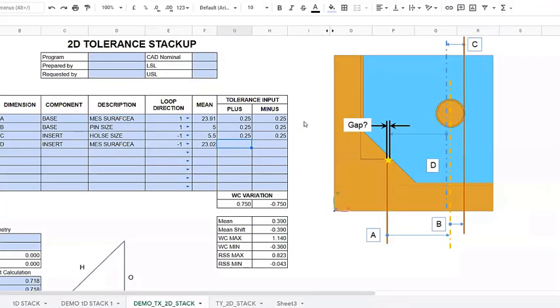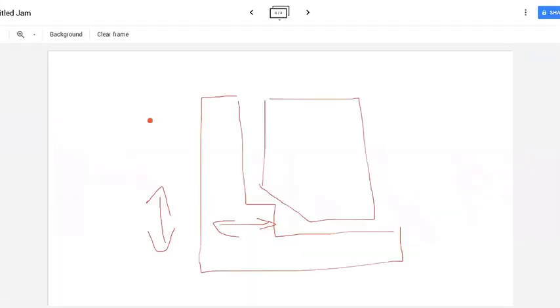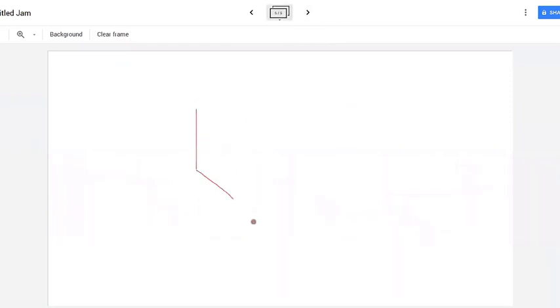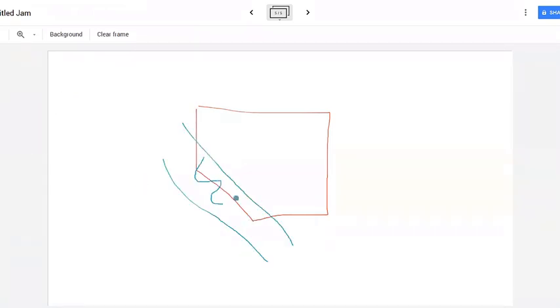Here next is the interesting part of it. The surface that the profile tolerance is applied to is of 1 mm with respect to the inclined surface, right? Let's just concentrate on this, the insert. The tolerance zone is such that this part can go anywhere in this surface, right?